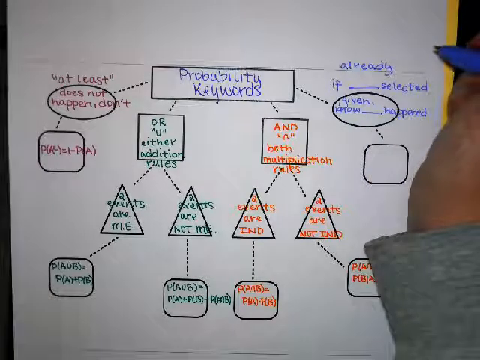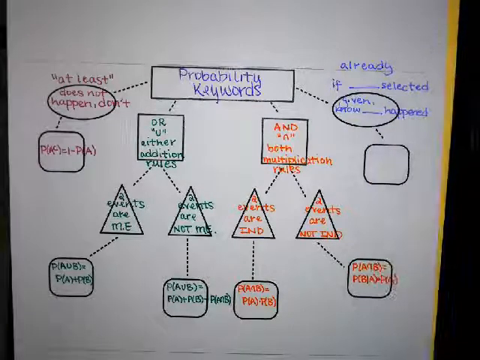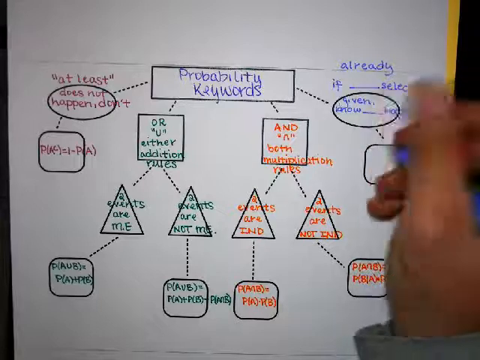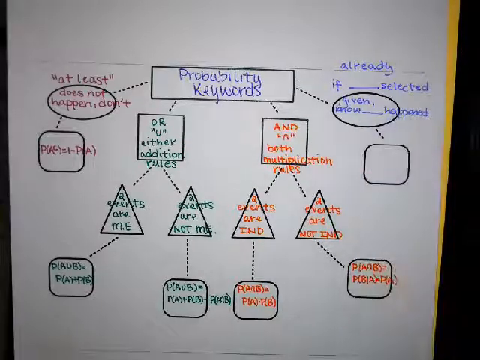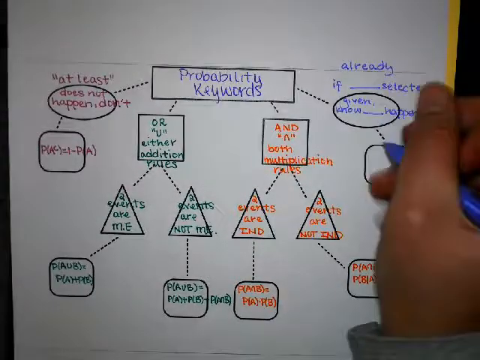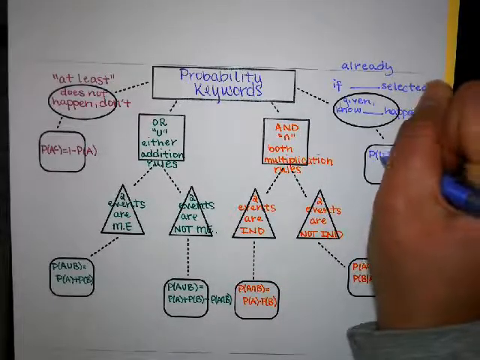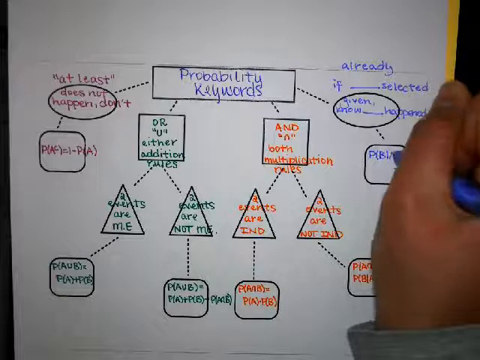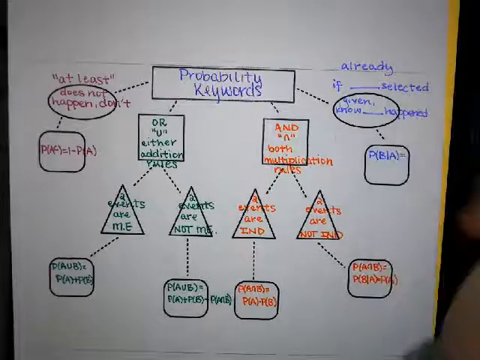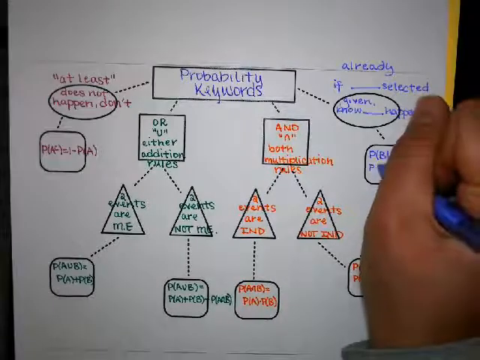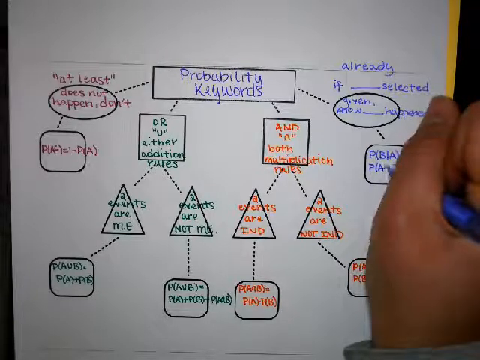So any of those and probably others would tell us that we're using our conditional probability rule. So the probability that B happens given A happened is found by the probability of A and B divided by the probability of A.